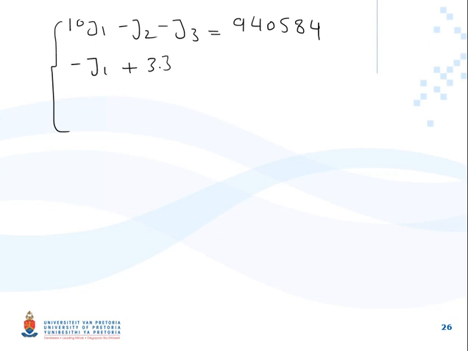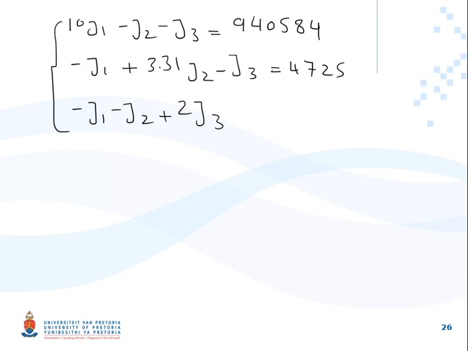So it's like 10 J1 minus J2 minus J3 is equal to 940584, minus J1 plus 3.31 J2 minus J3 is equal to 4725, and minus J1 minus J2 plus 2 J3 is equal to 0.